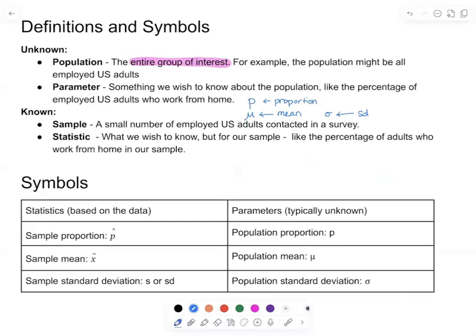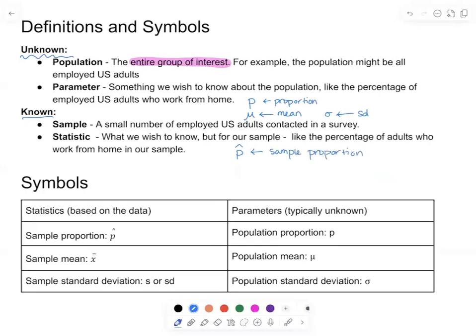Now, generally, we don't know these, right? They are unknown values. What we do know is from our sample. So, our sample is that smaller group that we contact in a survey. The statistics are what we know for the sample. Now we're used to p hat. So p hat is the sample proportion.